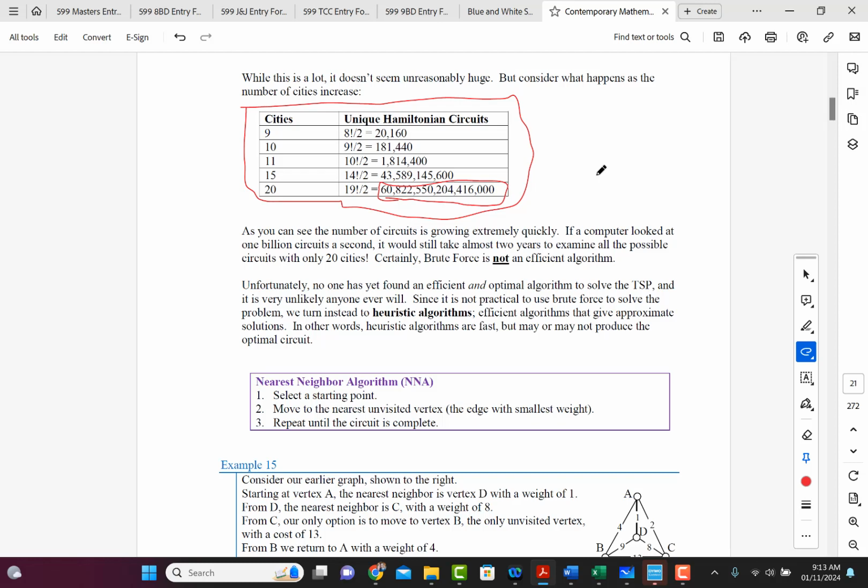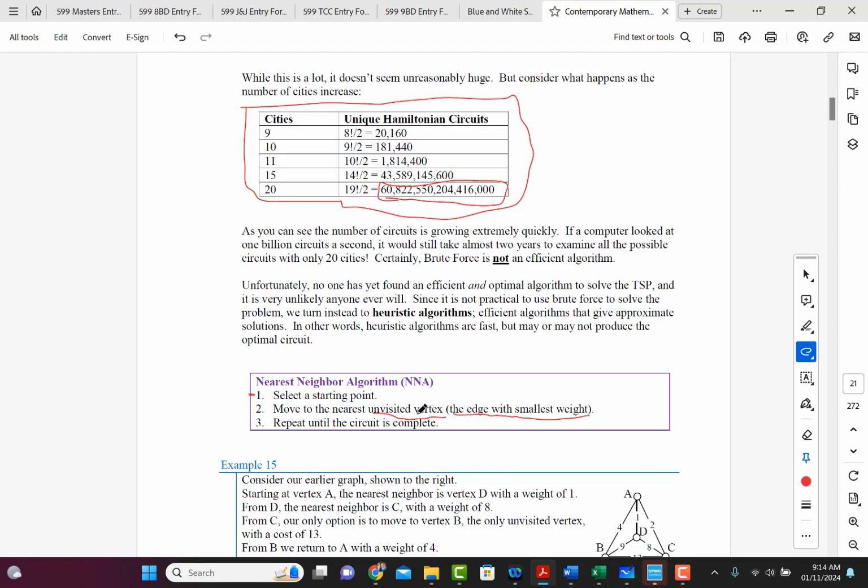Okay, the nearest neighbor algorithm works like this. We first select a starting point, any starting point. That's step number 1. Step number 2, we move to the nearest unvisited vertex, the edge with the smallest weight. So nearest in this case is based on the weight.